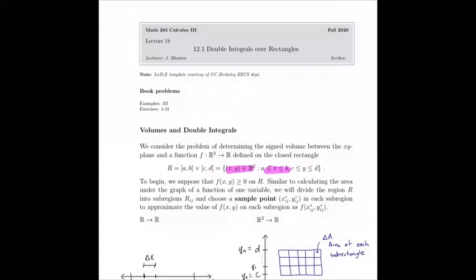Now, for the purposes of setting things up, we'll assume that f(x, y) is greater than or equal to 0 on this rectangle R that we're given. And if that's the case, we'll essentially be calculating the volume underneath this function, or between this function and the xy plane.